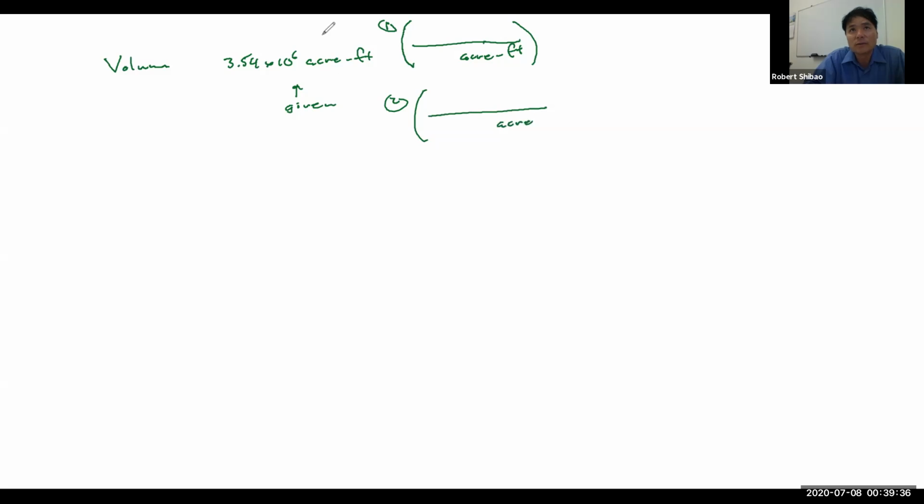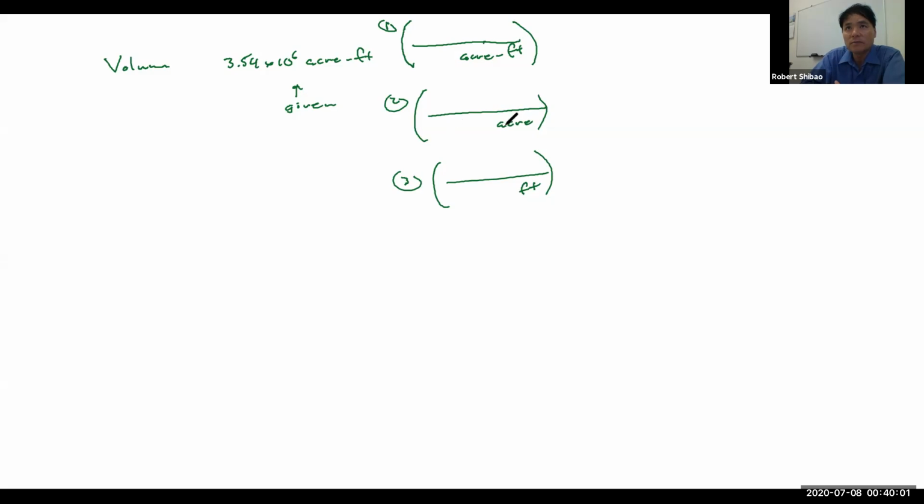Cross out the acres, we'll be left with feet. Or option 3, we'll try to get rid of the feet and leave the acres. Okay, then we look for a relationship between acre, feet, and something else, or feet and something else. So for example, here we can go from feet to inches, or feet to miles, or whatever. There's nothing that takes acre feet here.